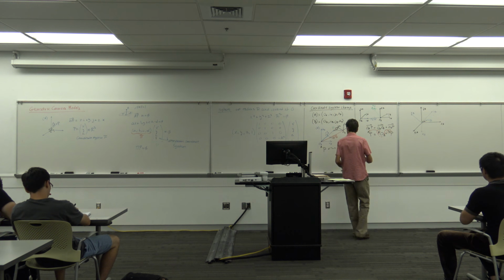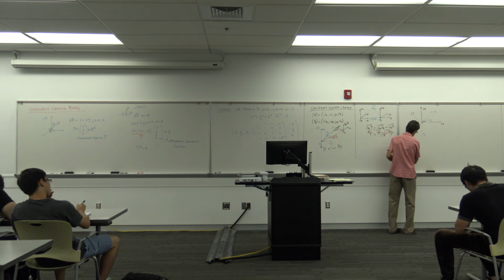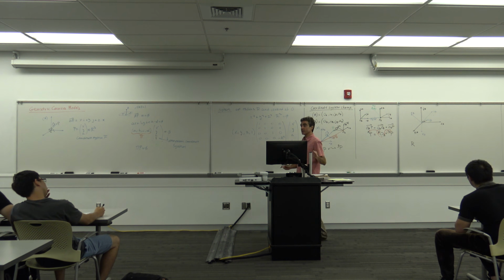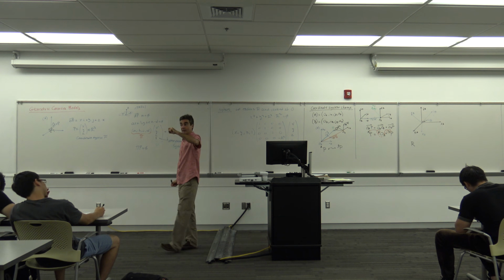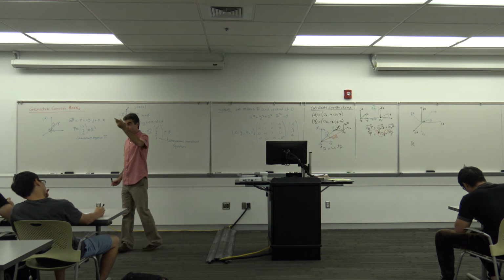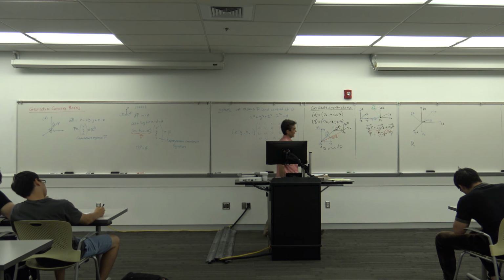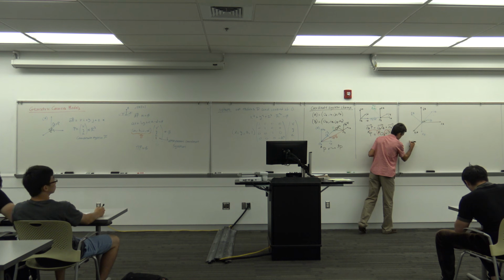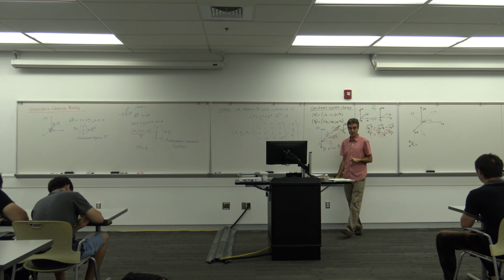Now this is obviously given by a rotation matrix. And I'm going to write that this is the rotation matrix from the coordinate system A to the coordinate system B. So I can write this as the rotation from A to B. Now this is a matrix.